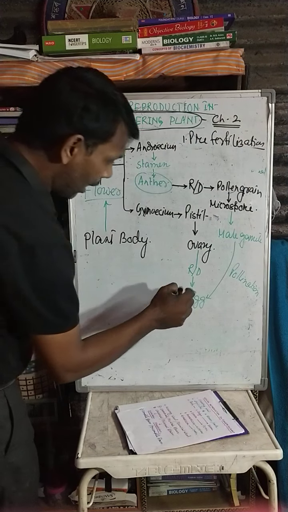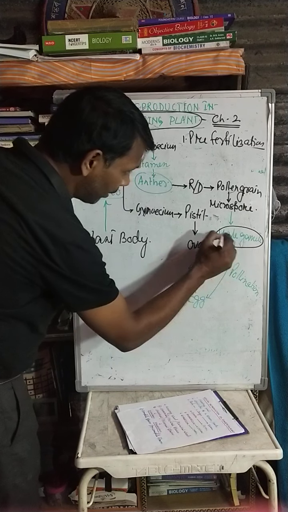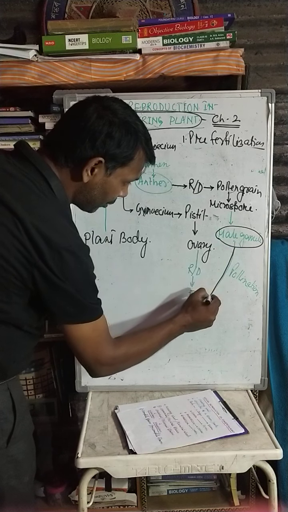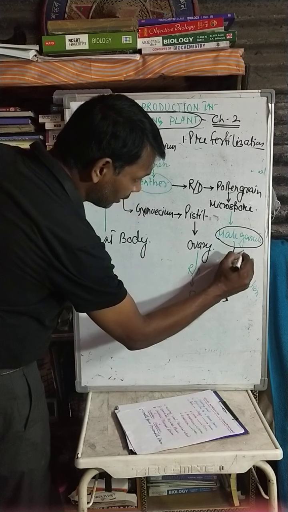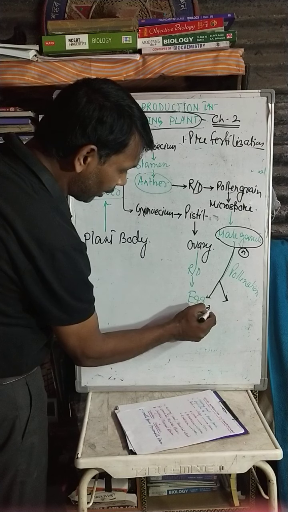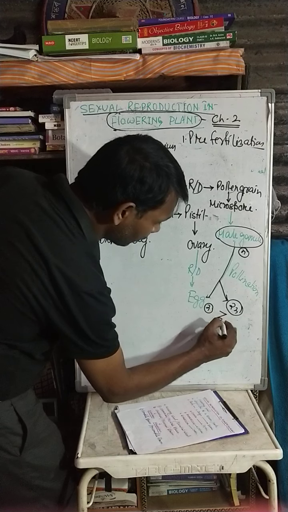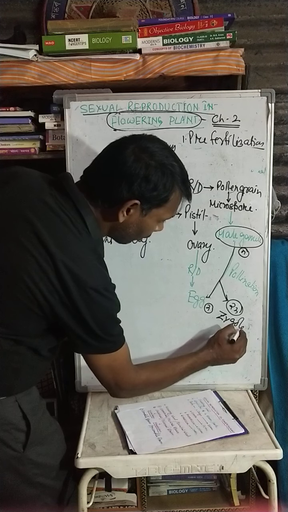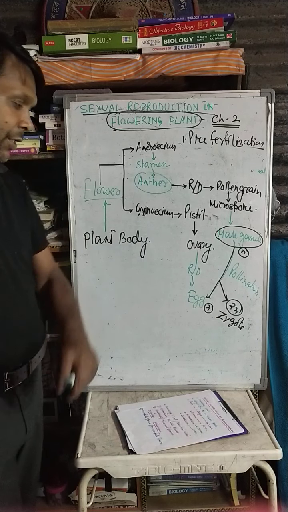Then after pollination, when this male gamete fuses with the egg, this is n number chromosome because of this reduction division, this is also n. As a result, we have a twice n structure, and this is called zygote. Zygote is the first twice n structure.